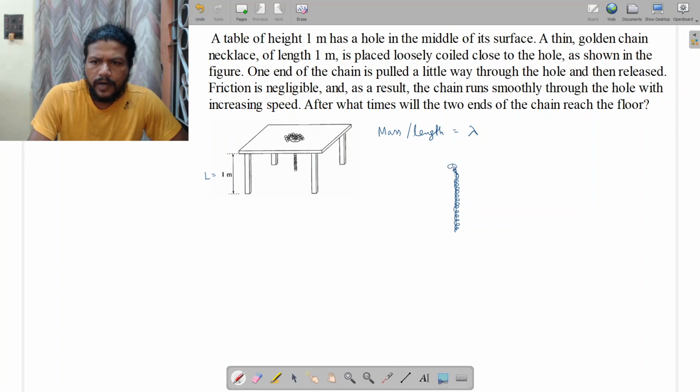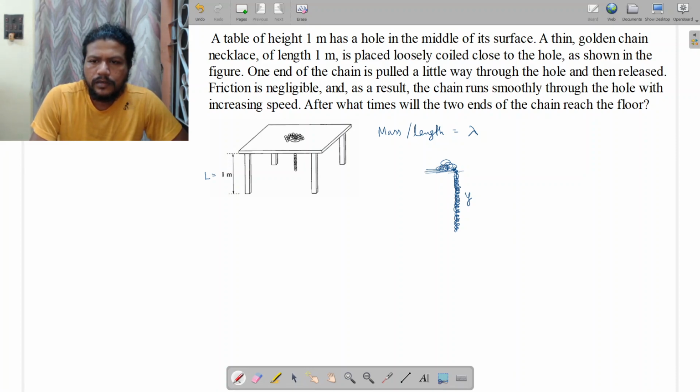Say the rest of the part is heaped on the table over here, and this length of the chain, I've drawn a straight line just for reference. It is difficult to draw the chain as such. This is y at this moment.